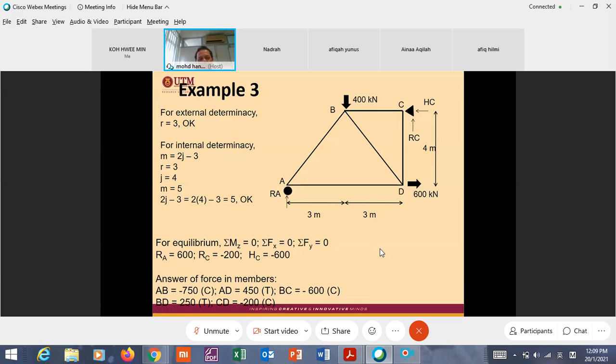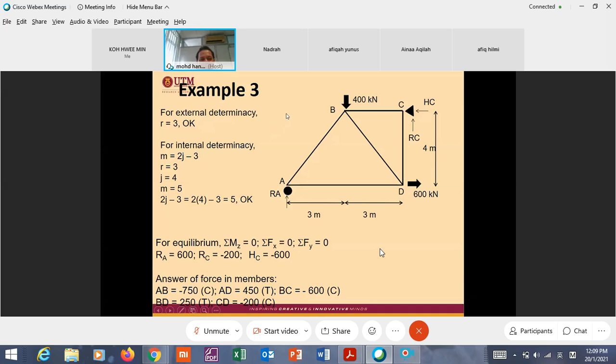If there are 4 reactions, then it will be indeterminate, or we call it redundancy, 1 degree of redundancy.